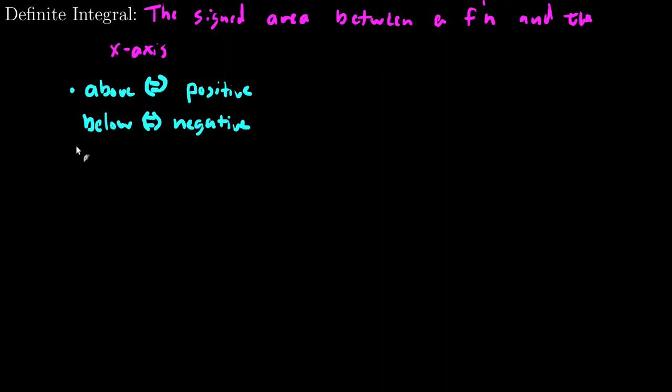And the notation is going to look like this. This elongated S is for sum, and we'll see in a few videos why that's the case. These are the limits. And this is read as the definite integral from a to b of f of x, with respect to x, but you can just say dx here.